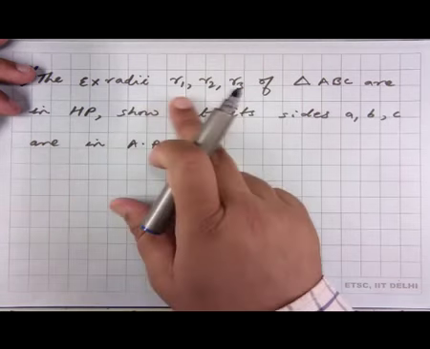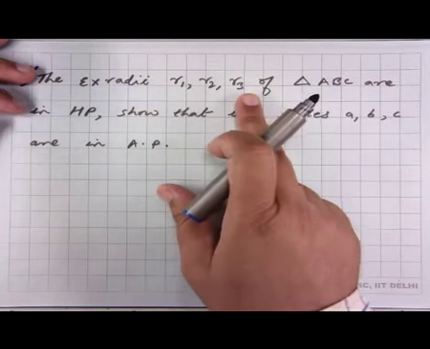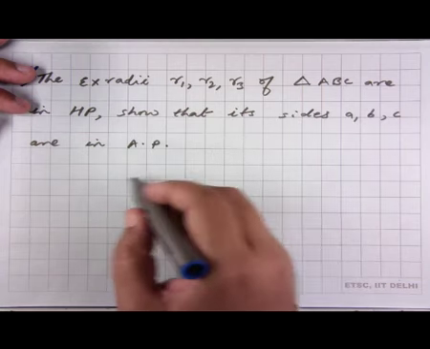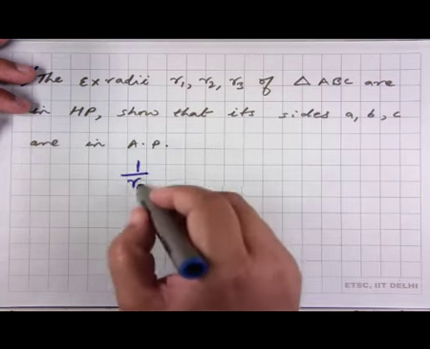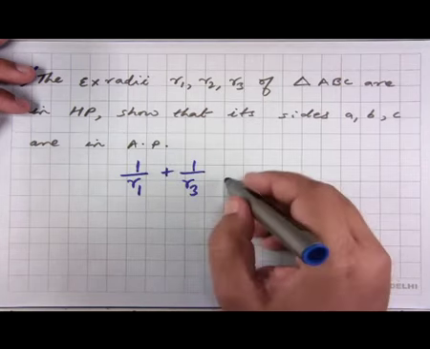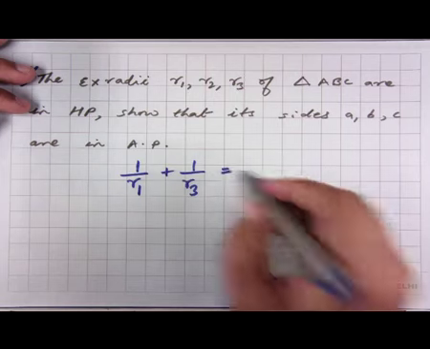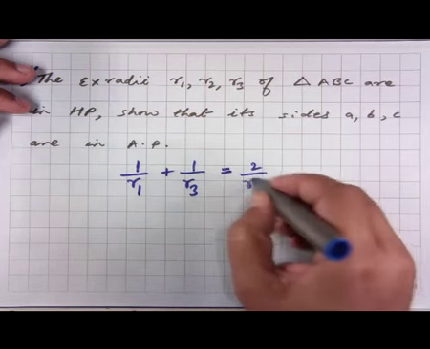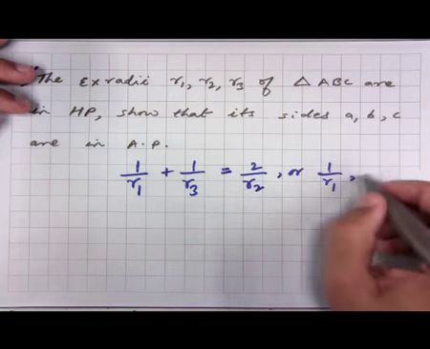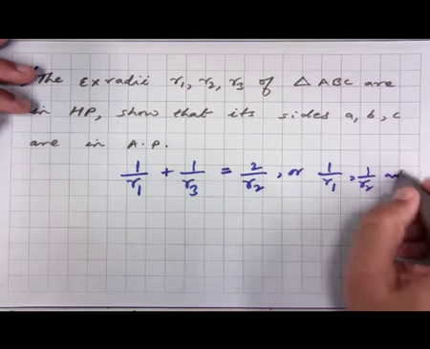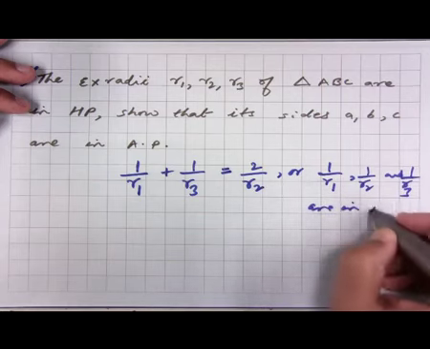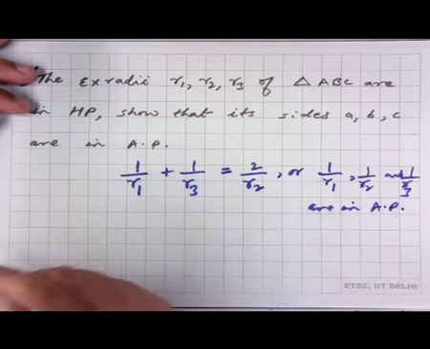So, since r1, r2 and r3 are in harmonic progression, it follows that 1 by r1 plus 1 by r3 is equal to 2 by r2, or 1 by r1, 1 by r2 and 1 by r3 are in arithmetic progression.